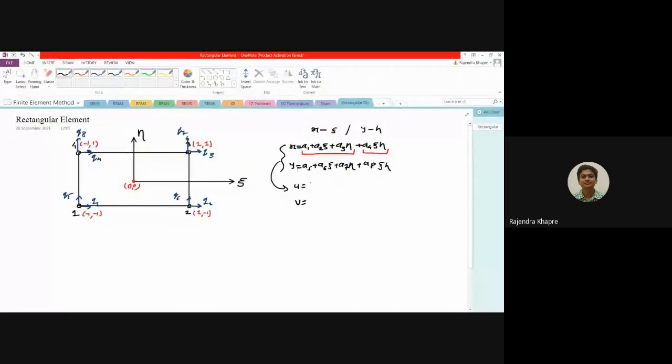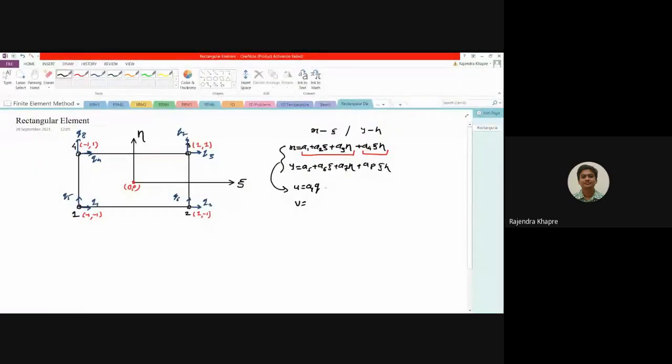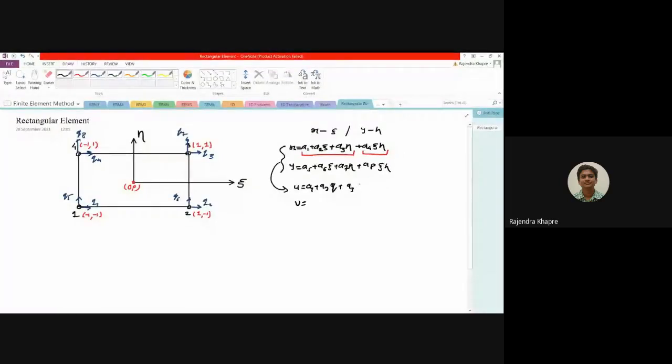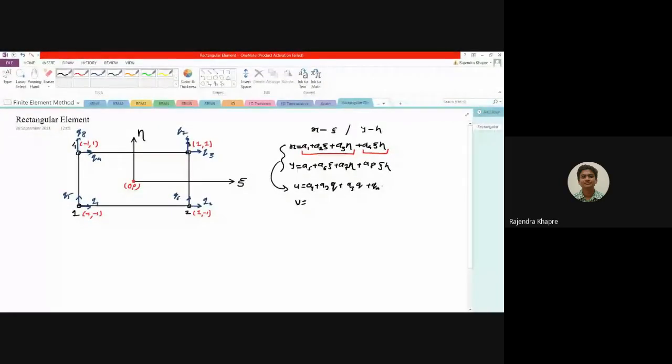So u can also be assumed as a1 plus a2 xi plus a3 eta, and a4 xi eta. On similar lines we can write this one also. For the time being, you just forget about this.